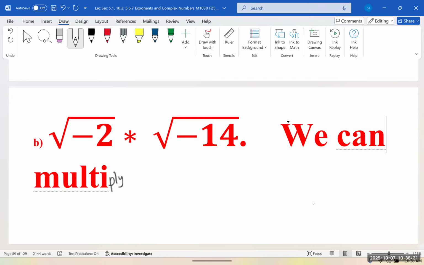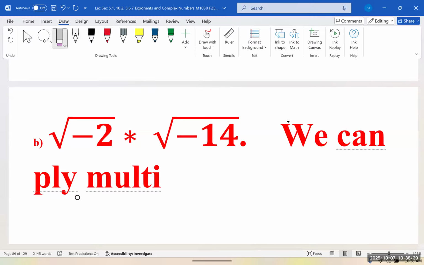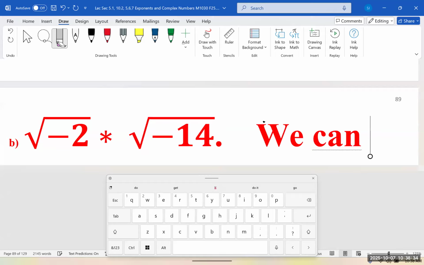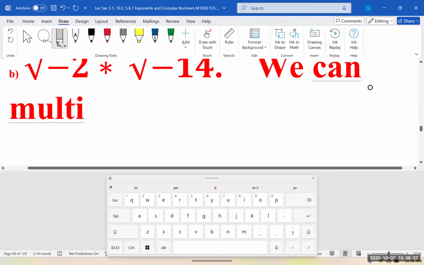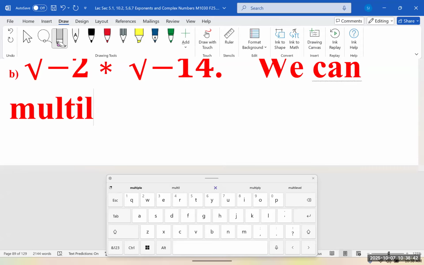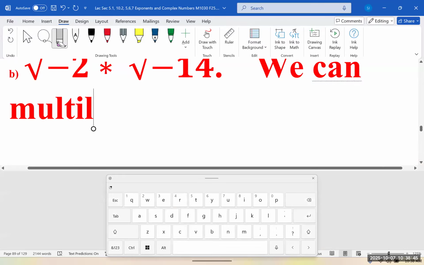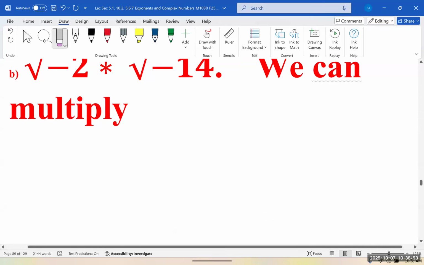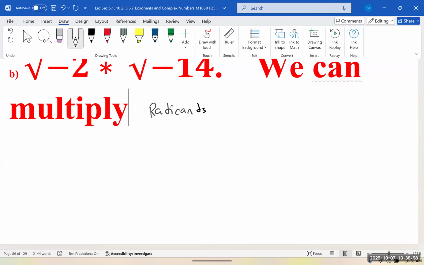It doesn't work so well. Let me erase. Can I erase? No, I have to go back. The updated Word file, so it's kind of cool now.